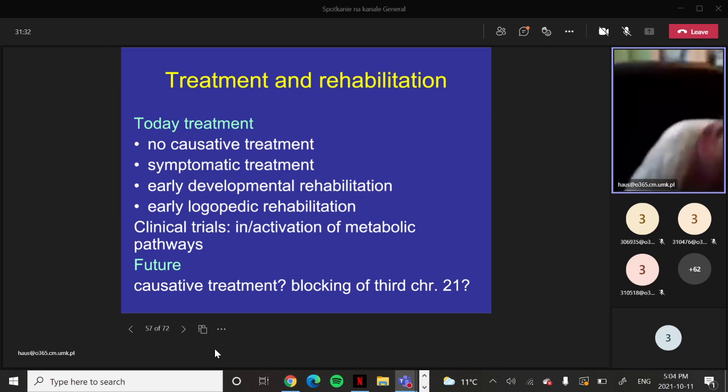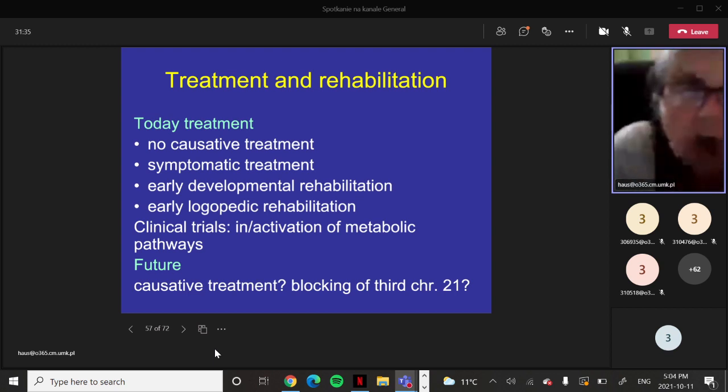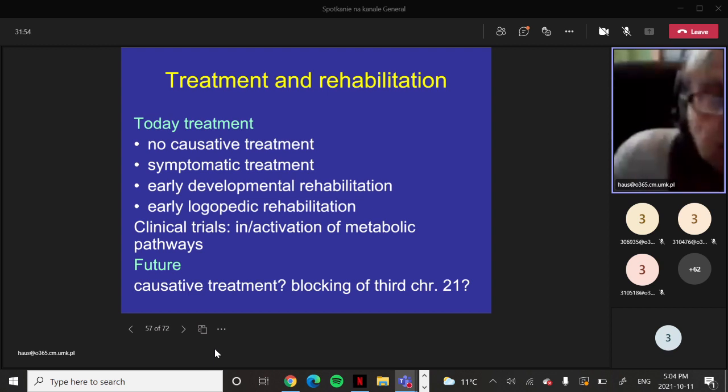Children with Down syndrome should start logopedic rehabilitation before they start to speak, because the whole apparatus of speaking should be prepared for speaking.